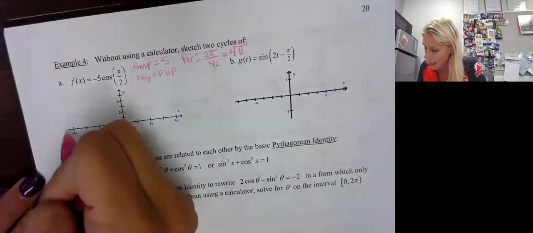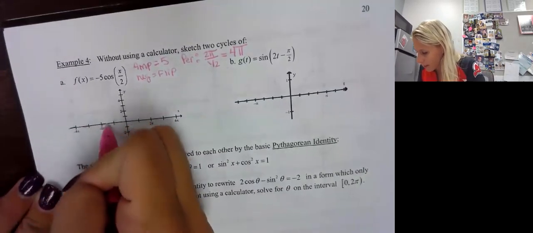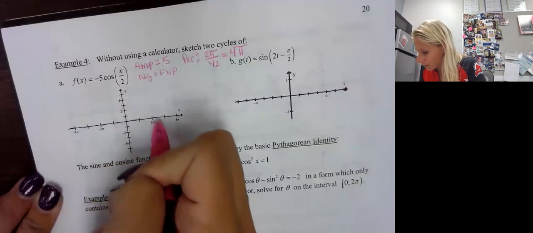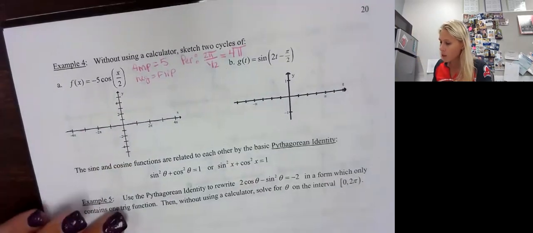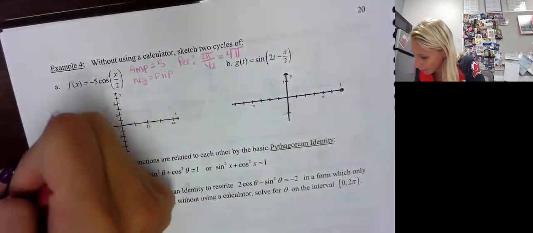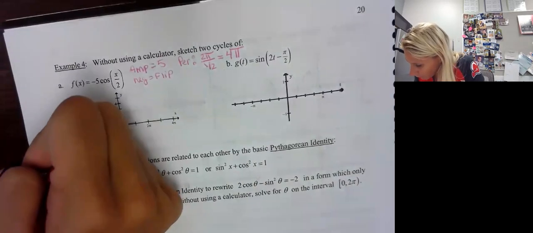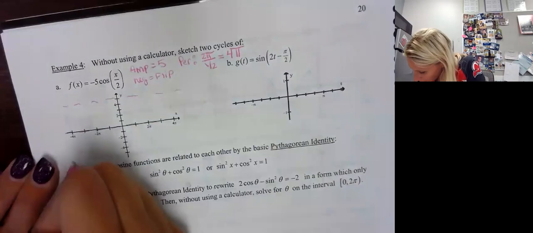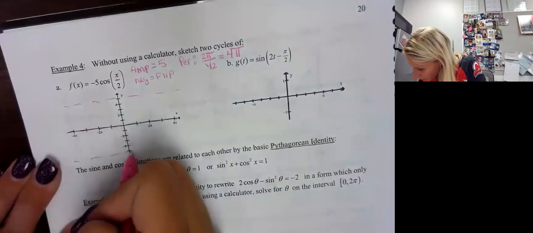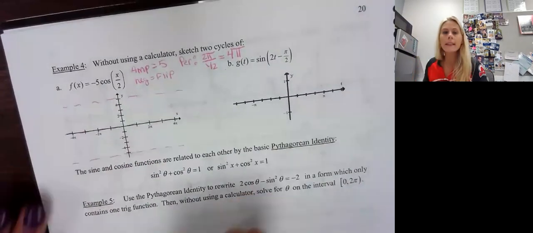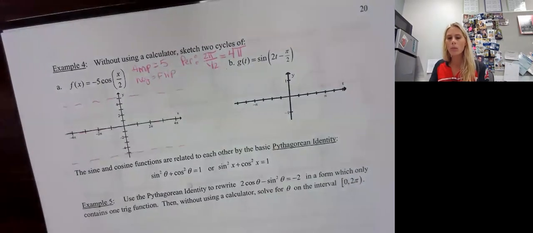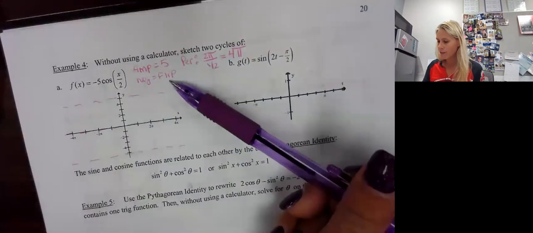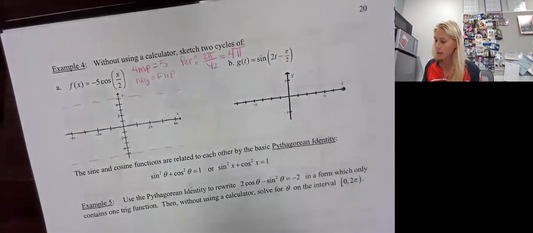Okay, so last year we demonstrated the midline, and then we took the amplitude and we went 5 up from it and 5 down from it. Now this is cosine, and cosine we usually started above, but since we have to flip it, it means we're starting below.